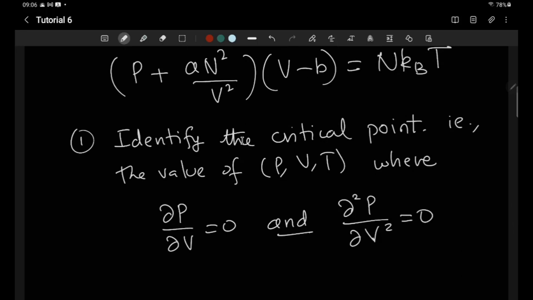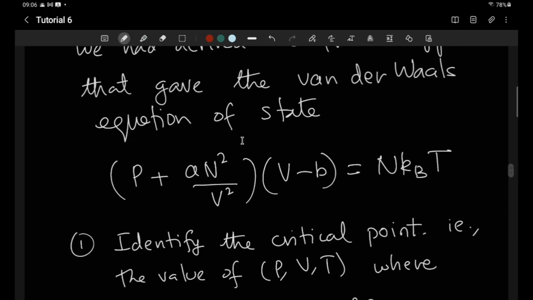Those critical values we'll call Pc, Vc, and Tc. We want to determine those values. The simple way is to just go ahead and take derivatives of this equation.